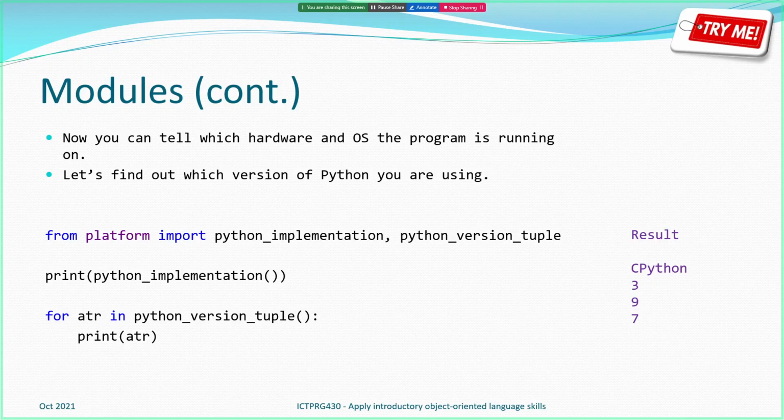Now, at the time of creating this slide pack, I was running 3.9.7. If I ran that same code now, I would get a different result. Why? Shocking. I did an update. There's version 3.10 out there now.